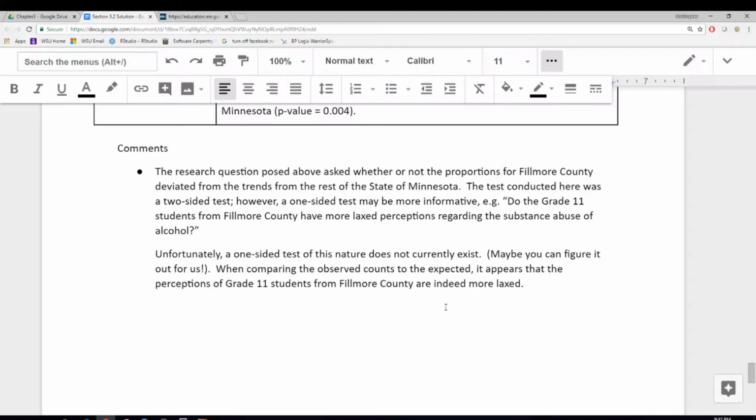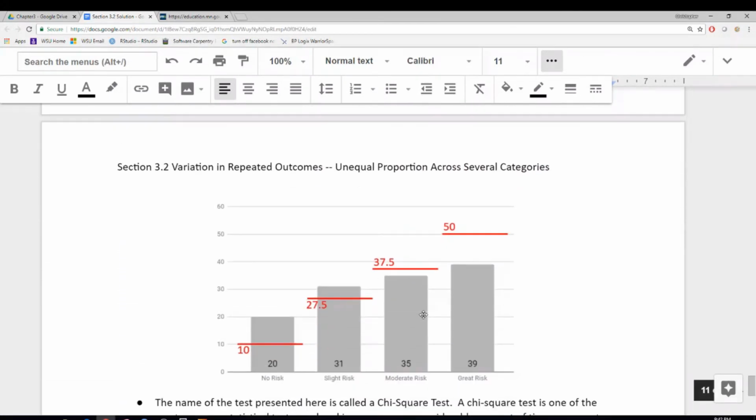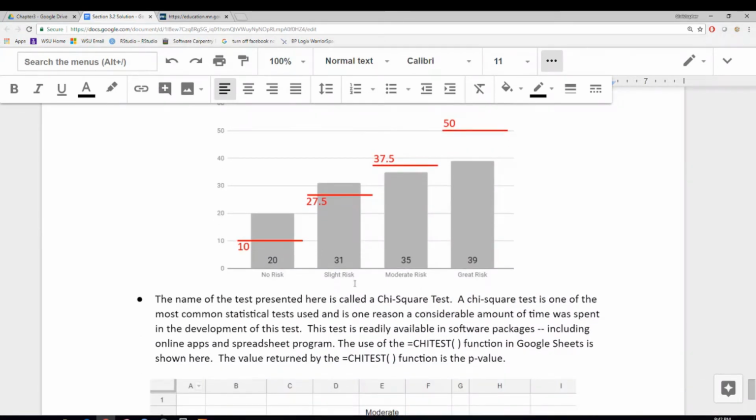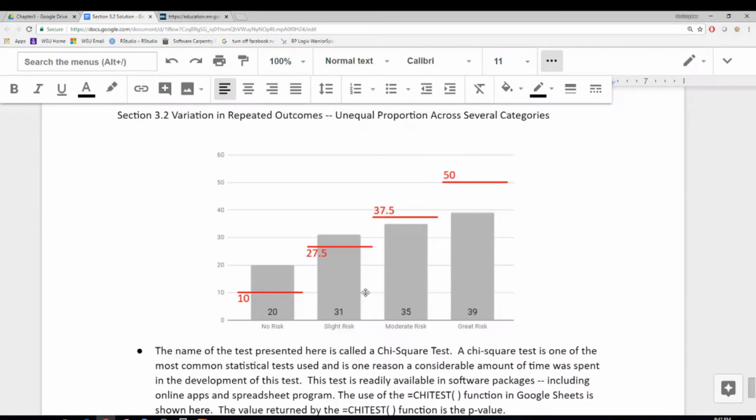When comparing the observed counts to the expected, it appears that the perceptions of grade 11 students from Fillmore County are indeed more laxed. So if we go ahead and just look at what we have for the observed outcomes, which are the bars, and then the expected outcomes for no risk was 10, 27.5, 37.5, and 50.